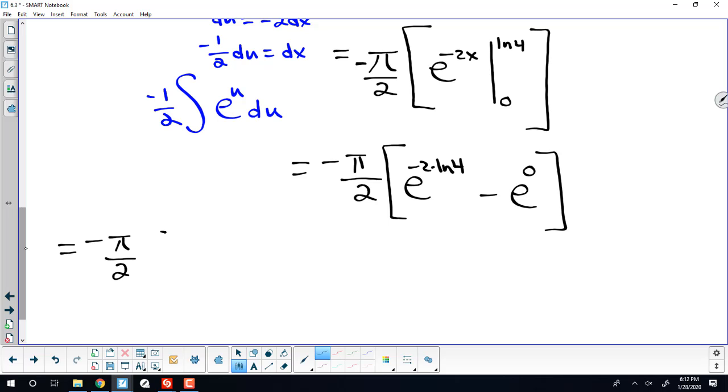What is the value for e to the negative 2 times ln 4? Close. Because you're taking the 4 and you're doing it to the negative second power. So yeah, 1 over 16, minus 1.